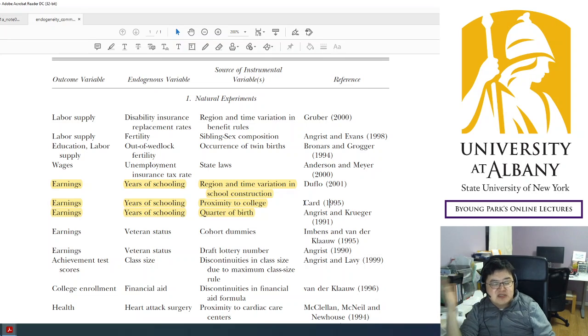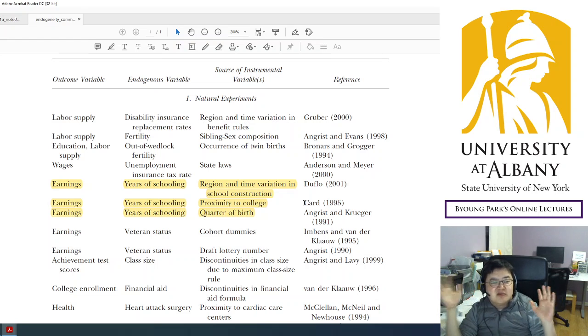But a few years later, suppose that a new high school was constructed in your town. Then if you compare yourself to a similar person, like your younger brother or younger sister in the same situation, your sister or brother is more likely to attend high school because it's close to your house, so it takes less cost.